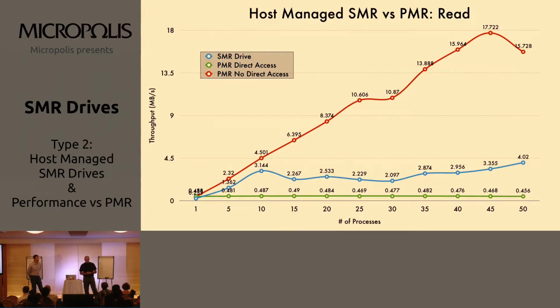At the bottom, you will see what we call a direct access to the PMR drive. What this is doing is purposely disabling all the caching being done by the operating system when accessing the drive. And you can see this is very flat here.